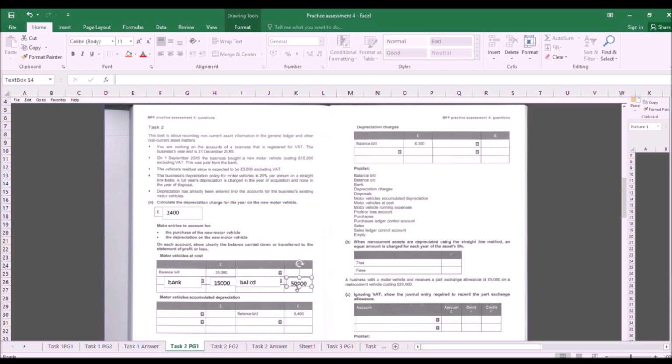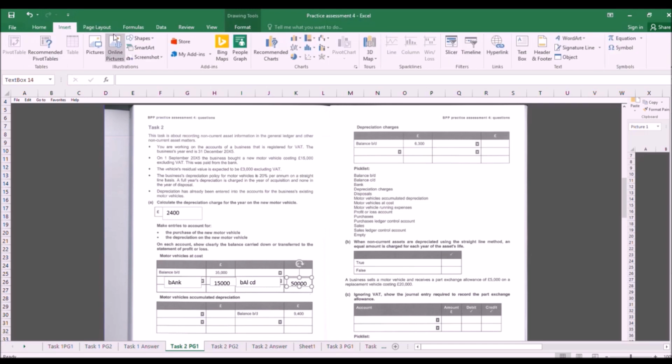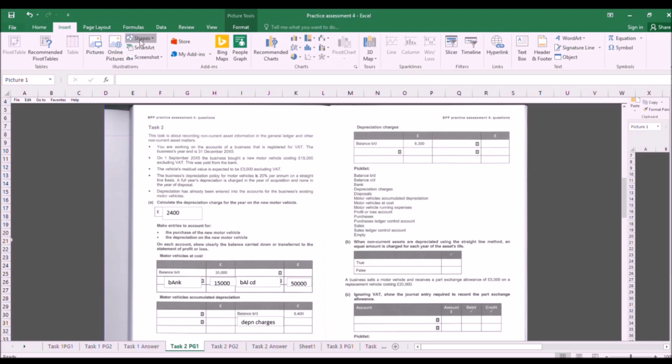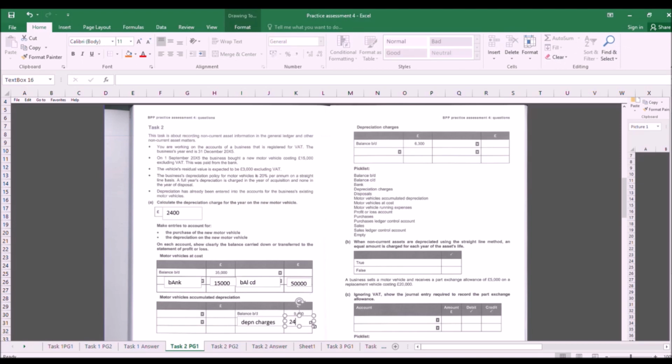Right. So next one, motor vehicles cumulative depreciation. Okay, insert our shapes here. So we're going to have a balance brought down, our depreciation charge. Depreciation charges, and that's going to be going into our shape over here. 2,400.